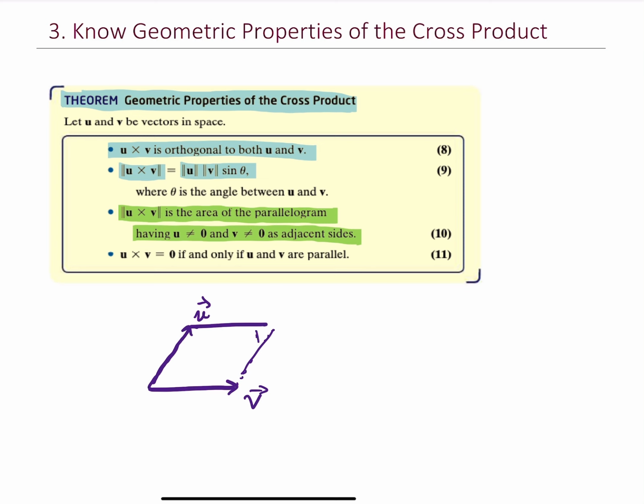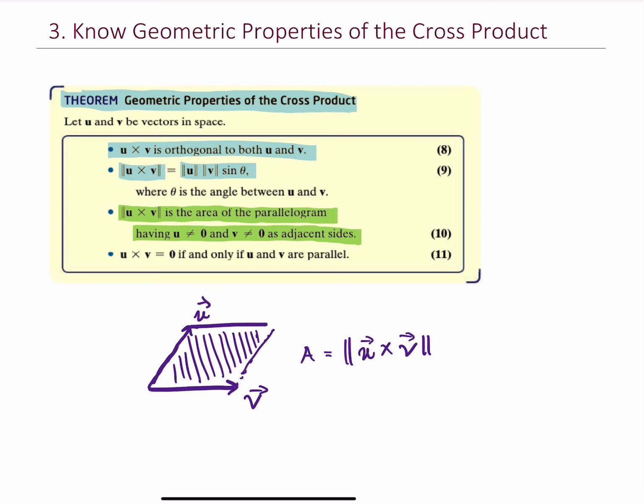And they're saying that the area of this parallelogram is equal to the magnitude of u cross v. So if we cross the two vectors, find the magnitude of the resulting vector, it is equal to this parallelogram's area.